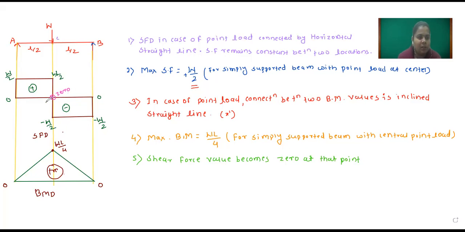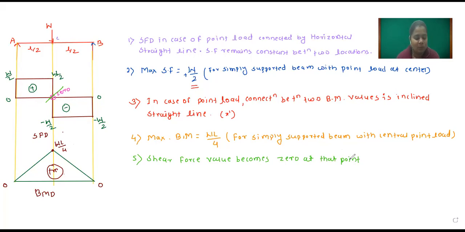You observe here shear force is 0. At that point, the value of bending moment is maximum. You observe here, the shear force is 0 at C point and maximum bending moment at C point. And shear force is maximum at A point and bending moment value is 0 at A point. So you have to remember, where shear force is 0, at that point bending moment value is maximum.